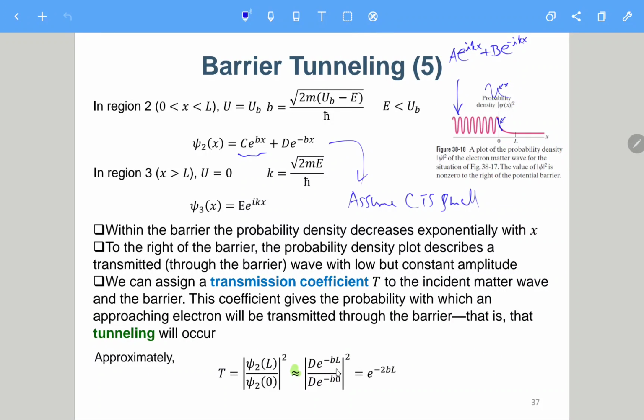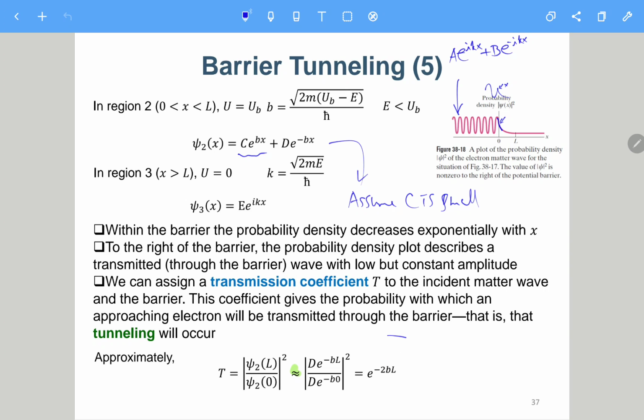Then the complicated things we just skip through. So the final solution will be this one over this one, and exponential to 0 is nothing but 1, so this is exponential to negative 2bL. So this one take the square is 2 times bL. So this is the probability that the particle can go through.